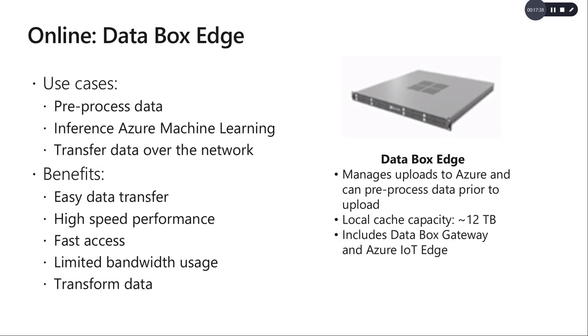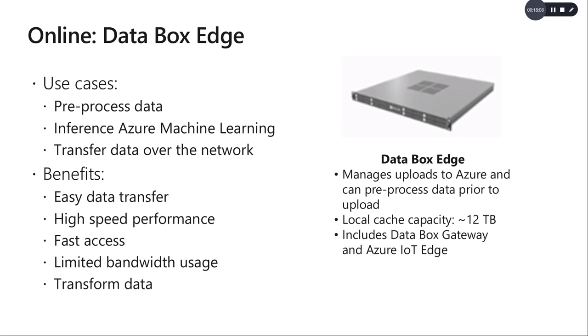DataBox Edge. Okay, so this one transfers data to Azure as well. So analyze, process, and transfer your data before uploading to the cloud using the AI-enabled edge computing capabilities. So this one is the AI-enabled edge device with network data transfer capabilities. Some of the use cases are pre-processing data, so analyze the data from your environment on the Internet of Things device to quickly get results while staying close to where data is generated.